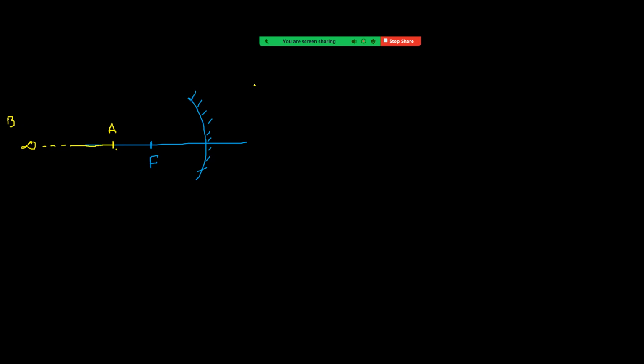See what we can do here. The v coordinate is given by u f by (u minus f). We are simply taking the mirror equation, 1 by f equal to 1 by v plus 1 by u, and from this v equals u f by (u minus f).